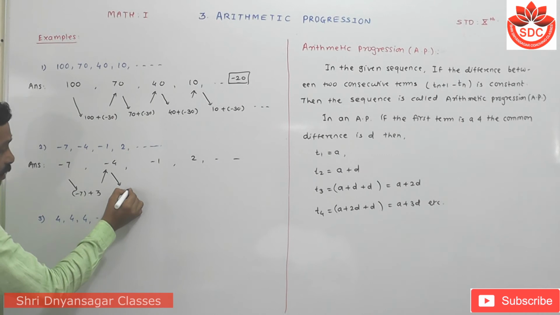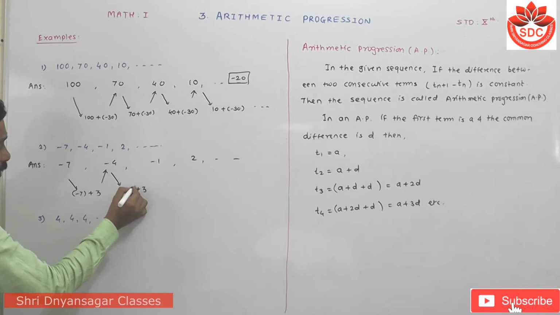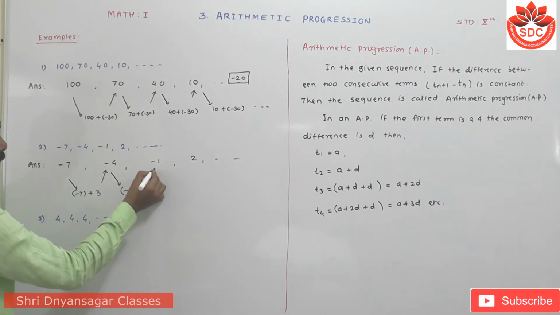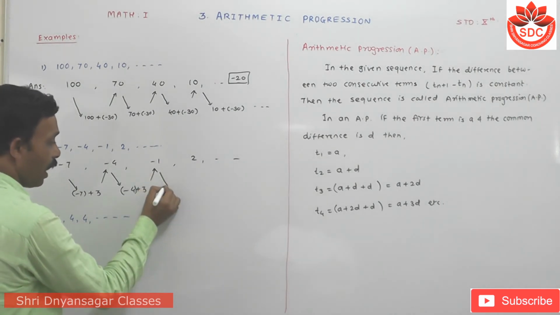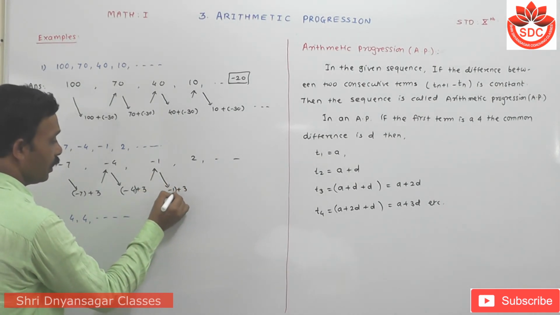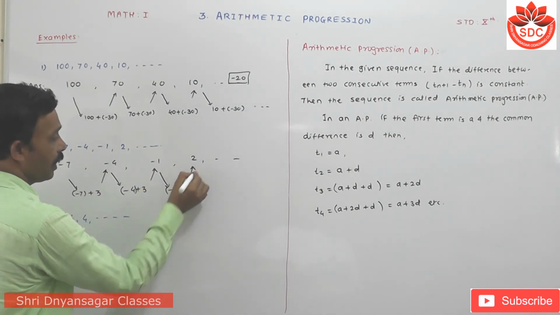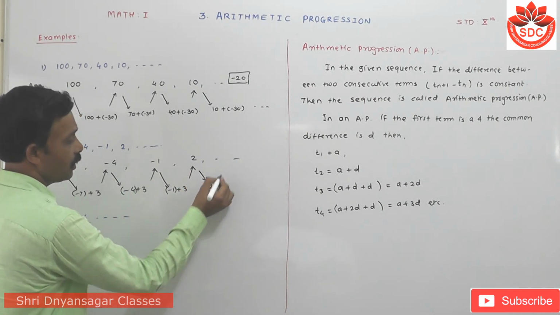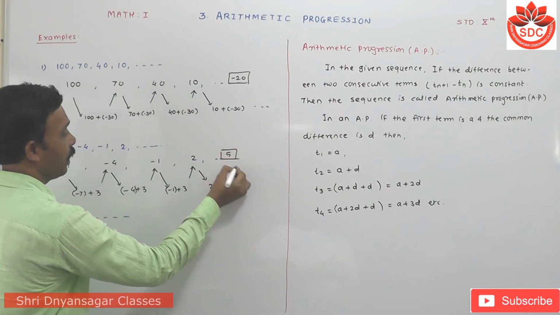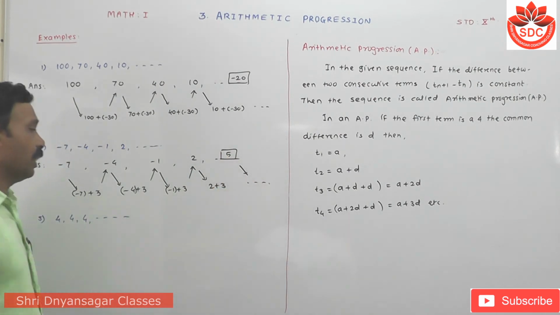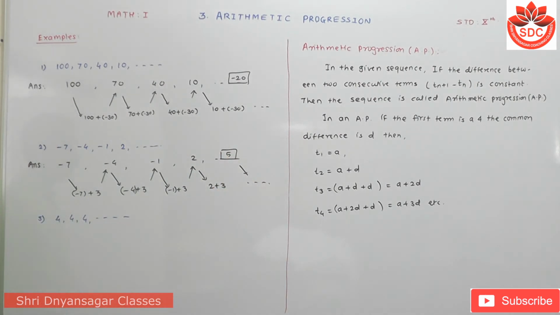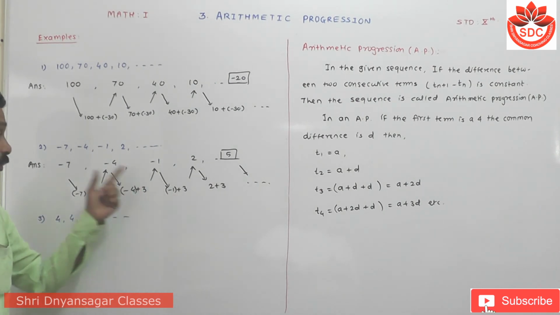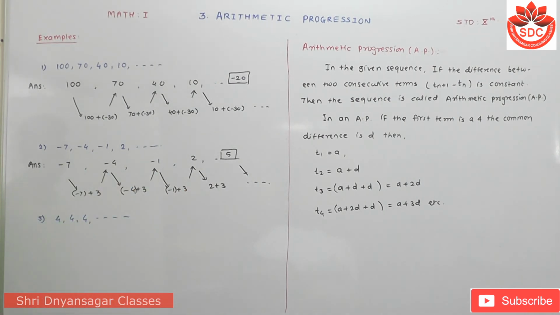When we add minus 4 plus 3, it becomes minus 1. When we add plus 3 to this minus 1, we get 2. When we add 3 to this 2, we get the next number 5 and so on. We can obtain the next numbers also. Means that you have to add 3 to the previous term, we get the next term.